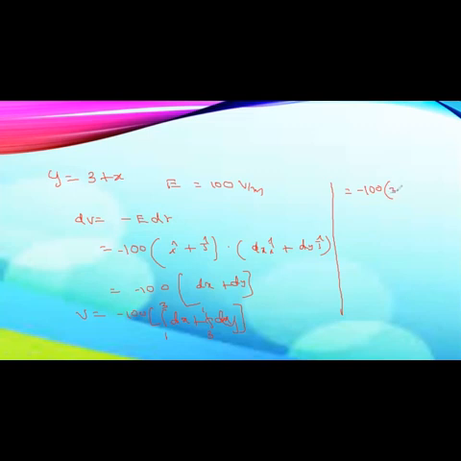By substituting the values, 3 minus 1 plus, in this case, 1 minus 3. This is 2 and this is minus 2. Totally this value will be 0. Hence the answer will be 0. Potential difference between those 2 points will be 0. That means potentials at these 2 points are same.